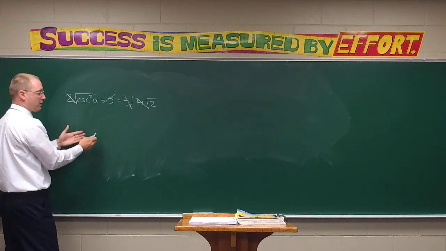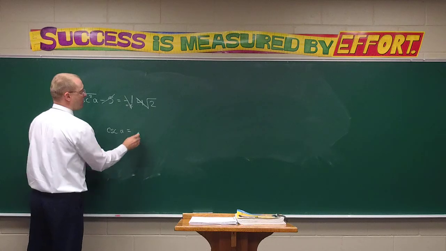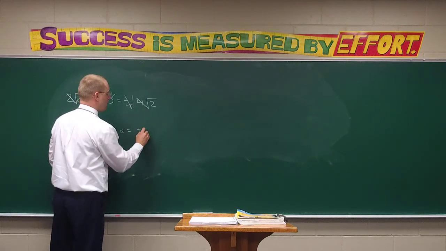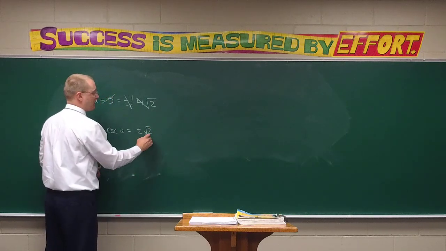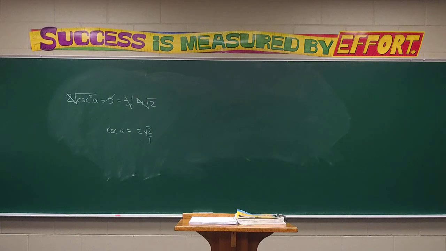Square root of cosecant squared, of course, just gives us cosecant alpha. And then when we take the square root of 2, positive, negative square root of 2, and it's always good to put things in ratio form, so we'll put it over 1 just for our own benefit. Any questions on the algebra? That's not trig, that's just algebra. Are we good on that algebra step?